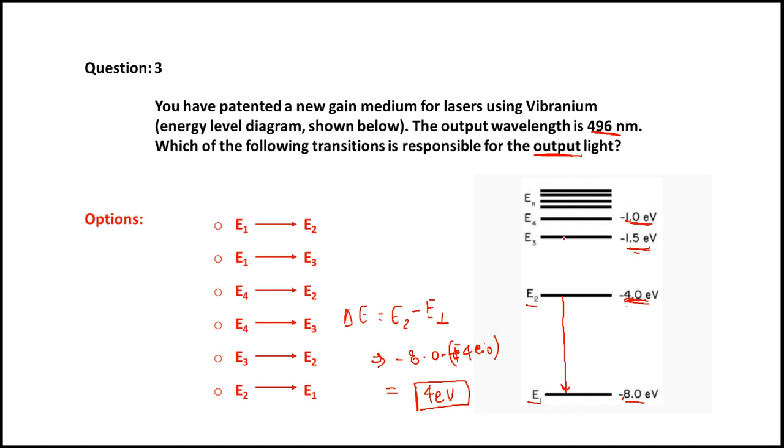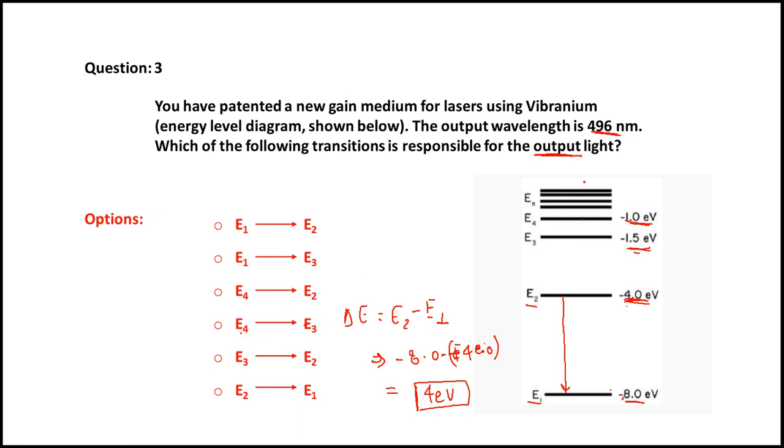Second is E1 to E3, which is also an absorption. The third is E4 to E2, which is quite a higher energy difference, so it will go to a lower wavelength. I think I said something wrong previously: for E4 to E1, the more the energy gap increases, the lower the wavelength will be.